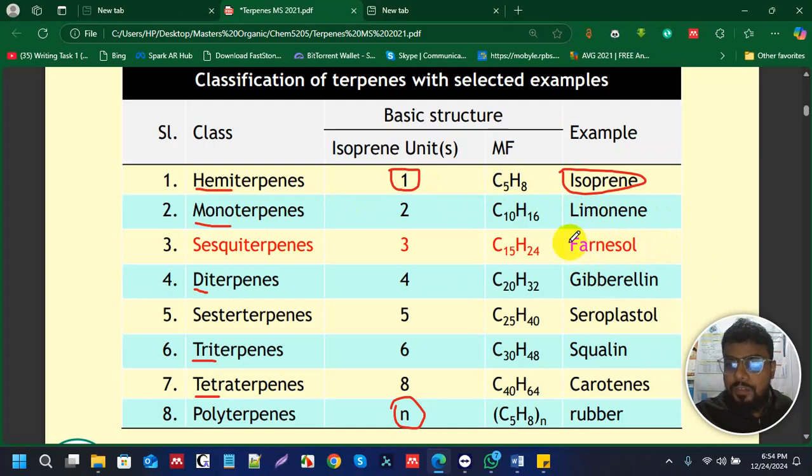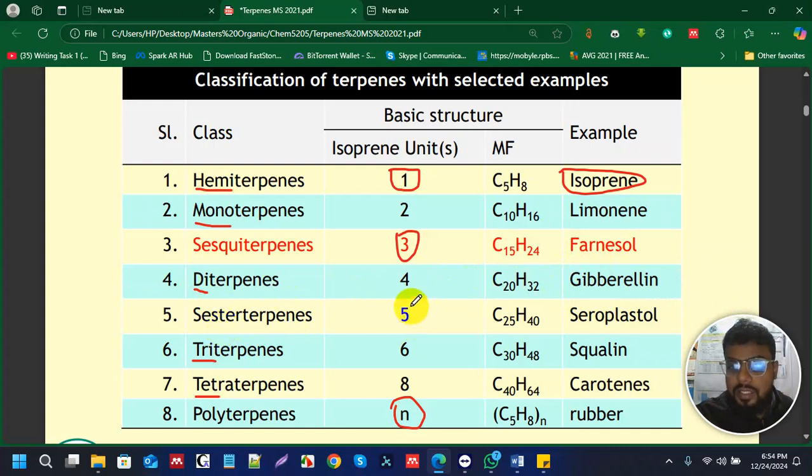Farnesol is an example of sesquiterpene; sesquiterpene means the isoprene units will be three. And diterpenes: di means two, so the number of isoprene units will be four. An example of diterpenes is gibberellin.